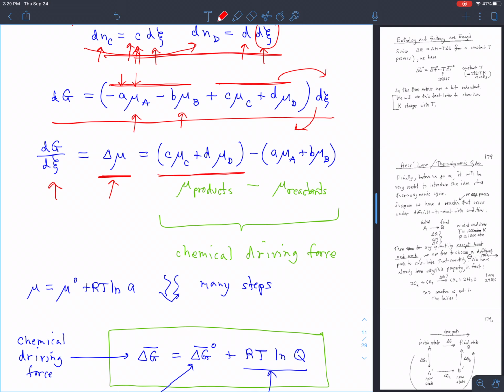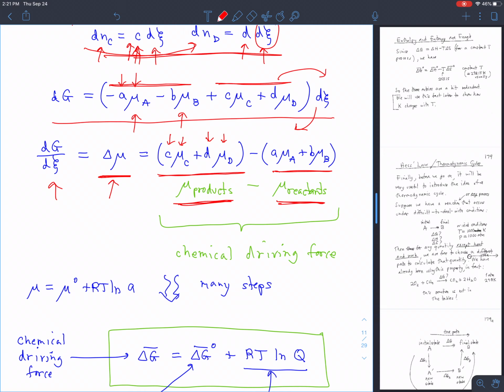It is an effective chemical potential for all of the products combined, right? So the chemical potentials for C and D are combined together by weighting each of those chemical potentials with the appropriate stoichiometric coefficients. Same thing for the reactants over here. So this is the effective chemical potential for everything on the product side, and this is the effective chemical potential for everything on the reactant side.